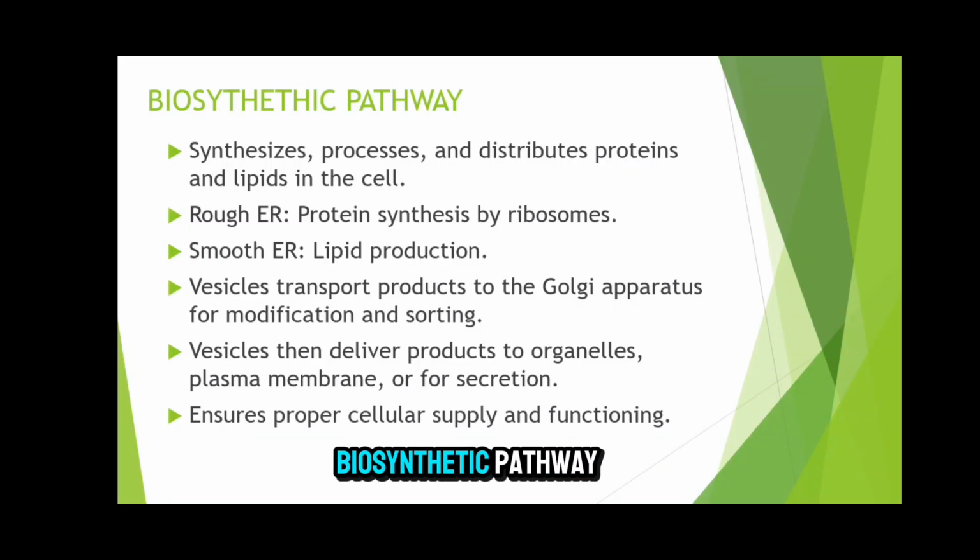Let's talk about the biosynthetic pathway. This pathway focuses on how the cell makes its own proteins and lipids, processes them and sends them to the right place. It all begins in the endoplasmic reticulum, in the rough endoplasmic reticulum actually.